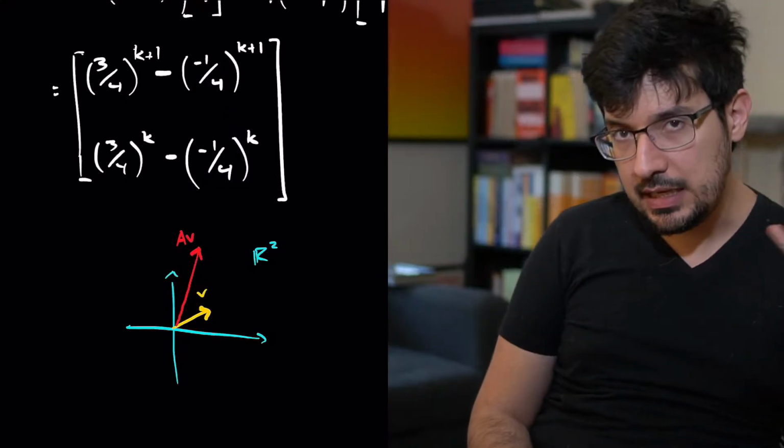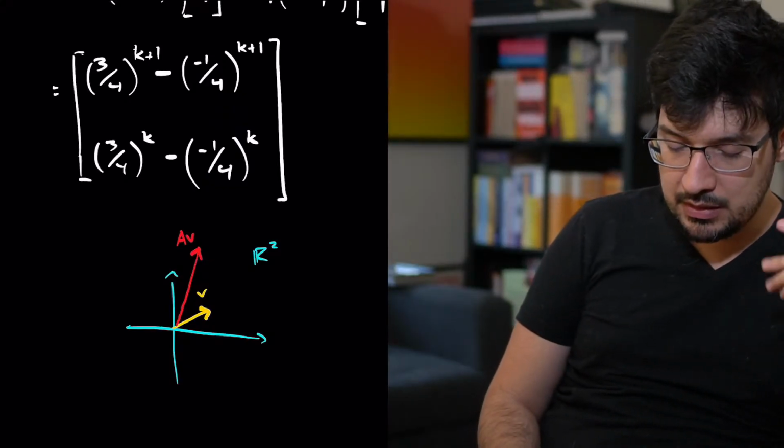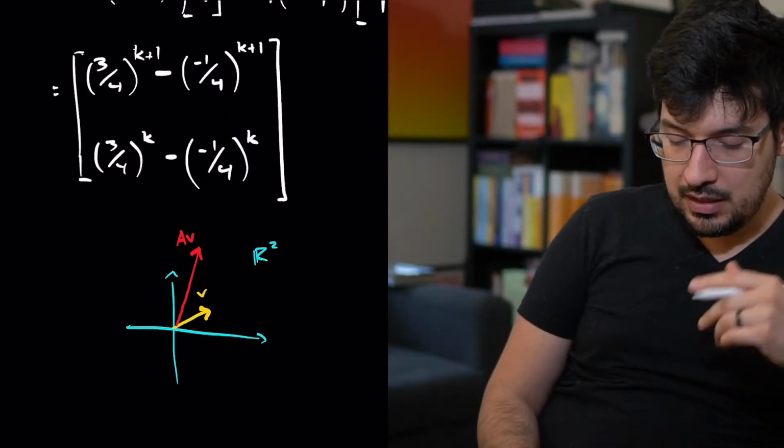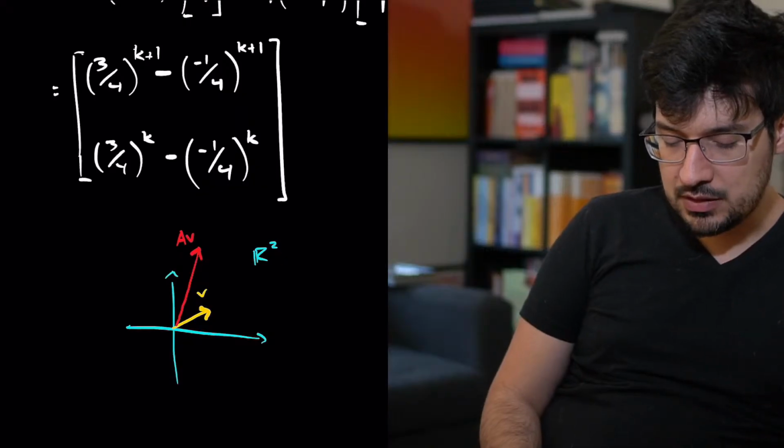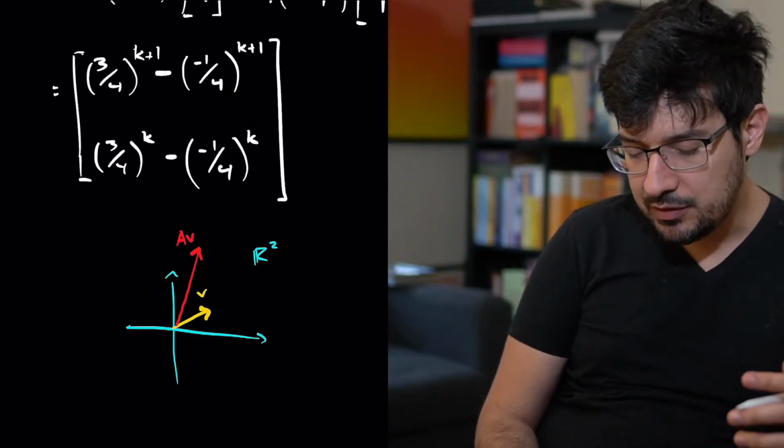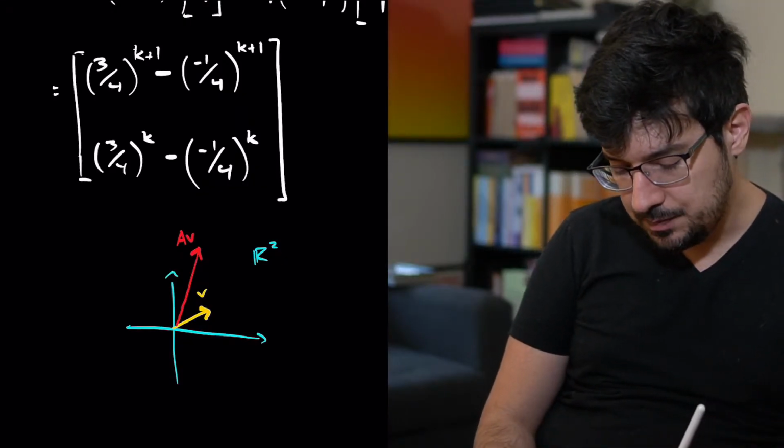It can rotate it, it can stretch it, you will get another vector somewhere in the plane after you multiply by a matrix.